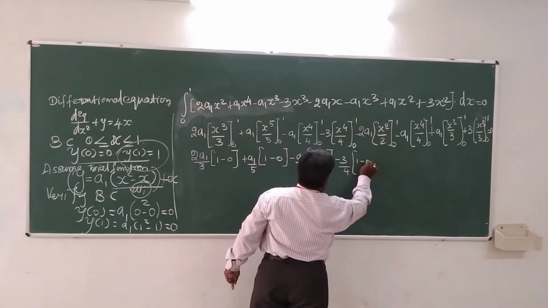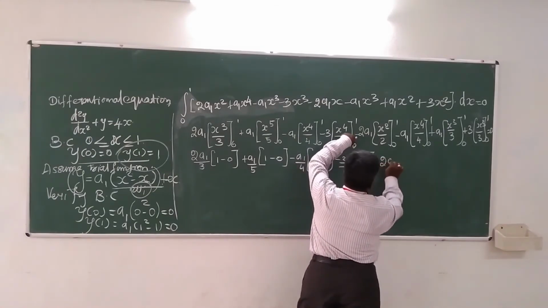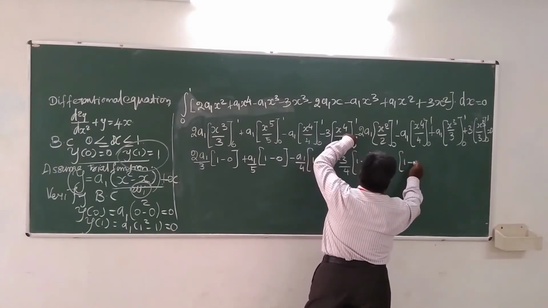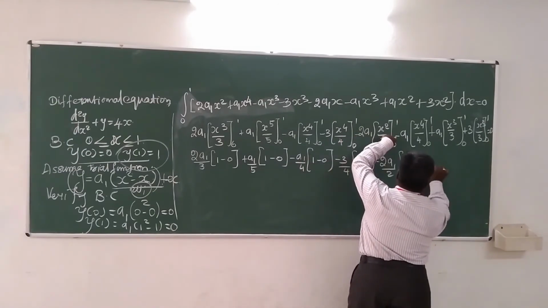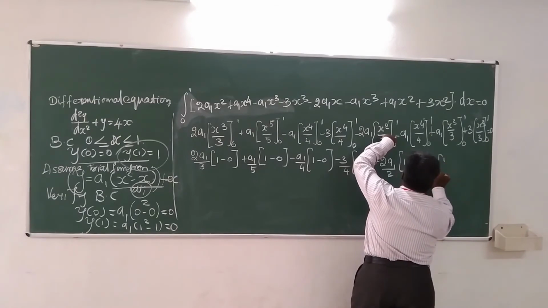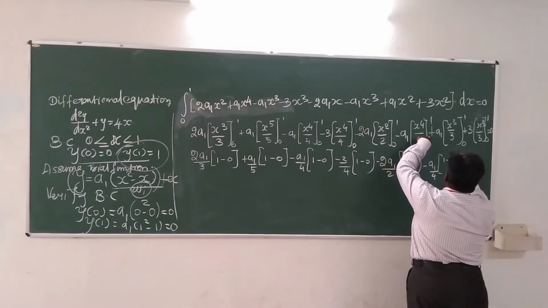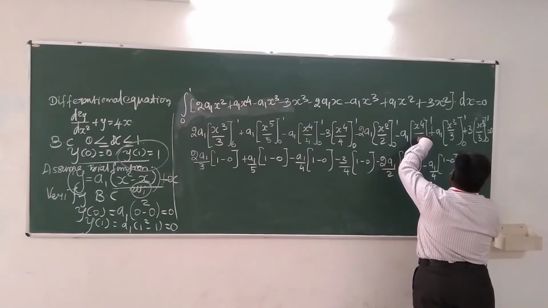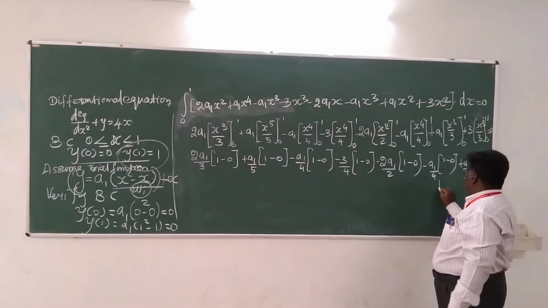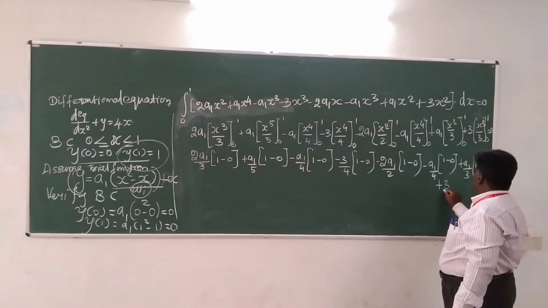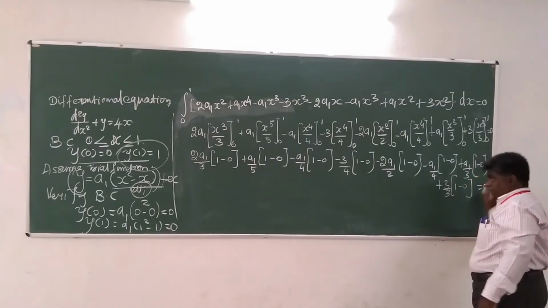So 1 minus 0, minus 2a1, 1 minus 0, minus a1, 1 minus 0, plus a1 divided by 3. So 1 minus 0, the final one is plus 3 divided by 3, 1 minus 0, equal to 0.